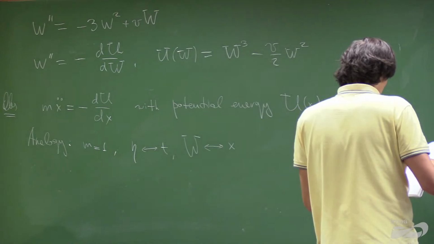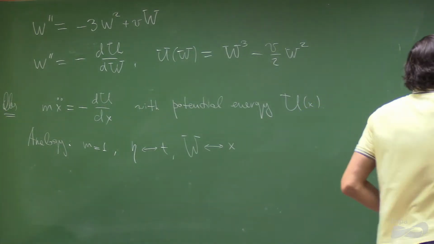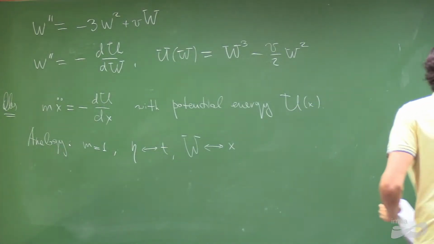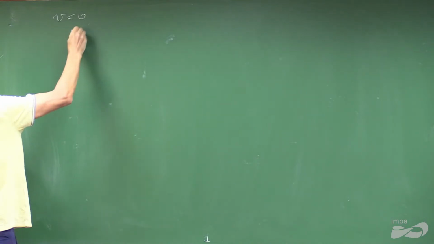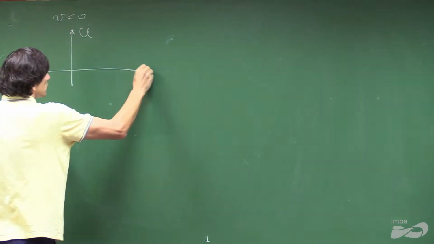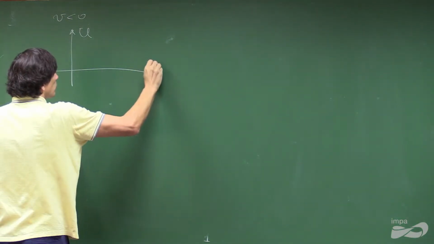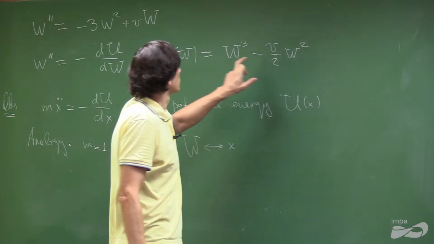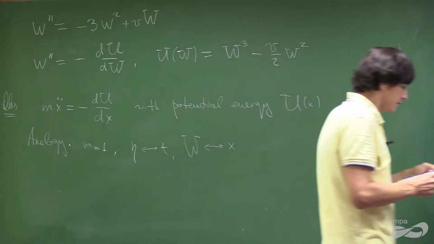So there are two situations. One situation is if v is negative, then the potential function, so that's U as a function of W, in the particle we use a function of position. So if v is negative, this is the sum of cube plus square.